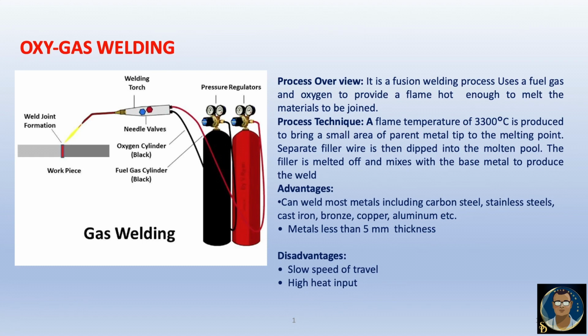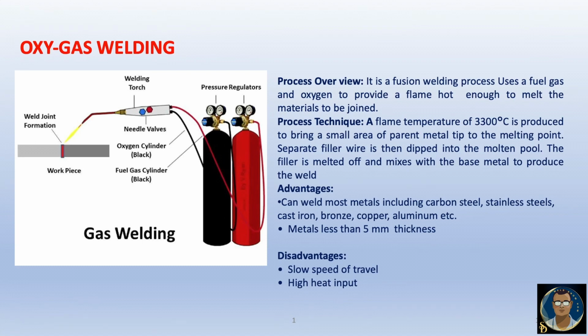In this process, you can see the flame temperature goes up to 3300 degrees centigrade, which brings a very small area of parent metal to the melting point. A separate filler wire is then dipped into the molten pool. The filler is melted off and mixes with the base metal to produce the weld.